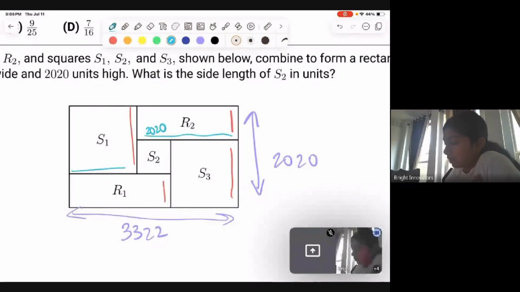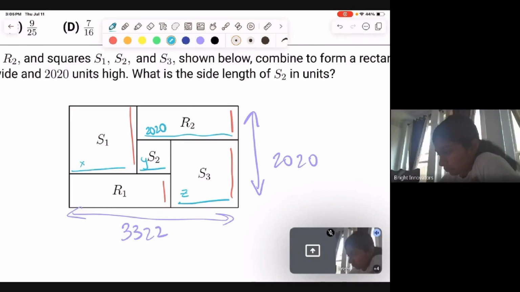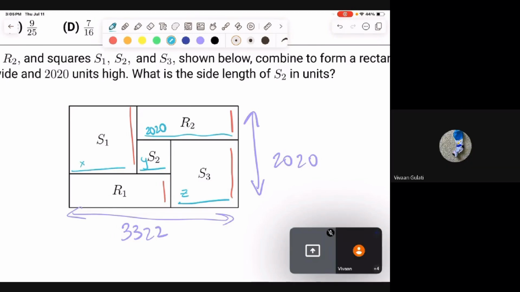Make S2 Y and S3 Z. Okay, so that means X plus Y plus Z equals 3322. And then X minus Y plus Z equals 2020.